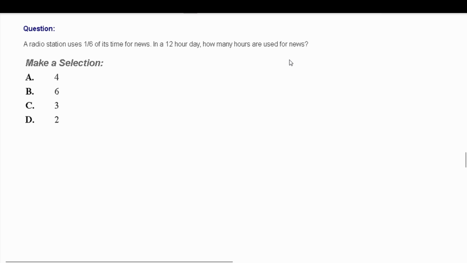All right, this next question says, a radio station uses 1/6 of its time for news in a 12-hour day. How many hours are used for news? So to solve this one, we're going to take 12 and multiply it by 1/6. Again, as we previously saw, we have to figure out how to multiply a whole number, notably 12, by a fraction, notably 1/6.